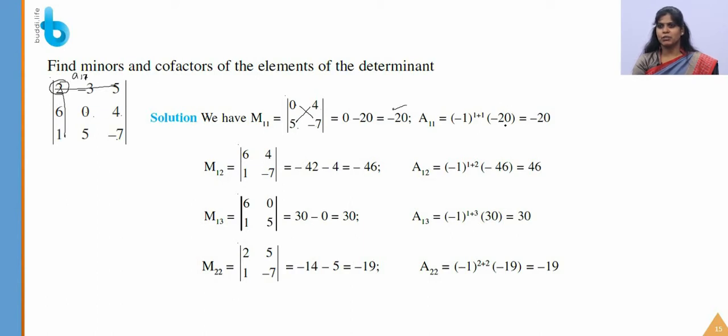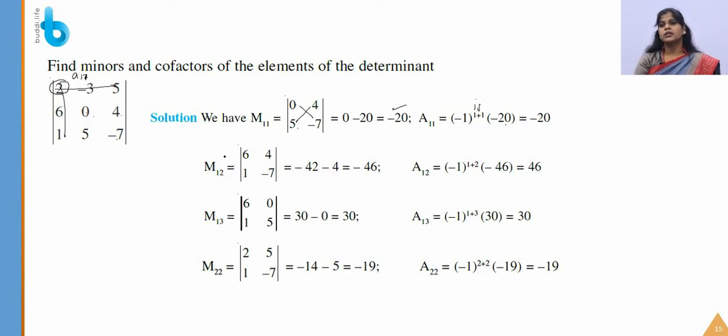This is the formula, 1 plus 1 is i and j. So minus 1 to the power i plus j, right? I is 1, j is 1, into minus 20. 1 plus 1 is 2, so minus 1 to the power 2 is 1, and the cofactor is minus 20.